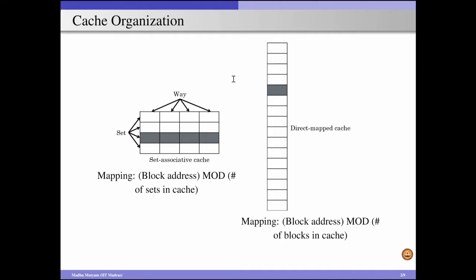Again, in the previous example, if I want to store block address 20 into this direct mapped cache, 20 mod 16, because there are 16 blocks in the cache, we are going to store that at block 4, starting with block 0, block 1, block 2, block 3 and so on. So, we are going to put the 20th block at block 4.